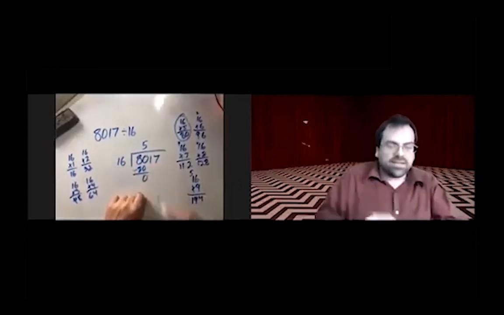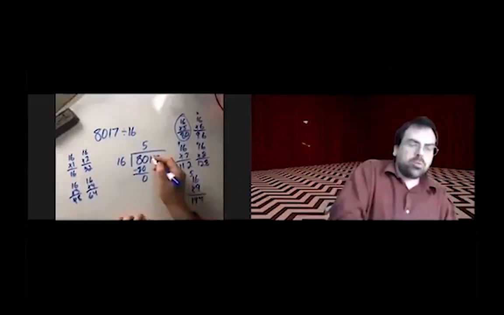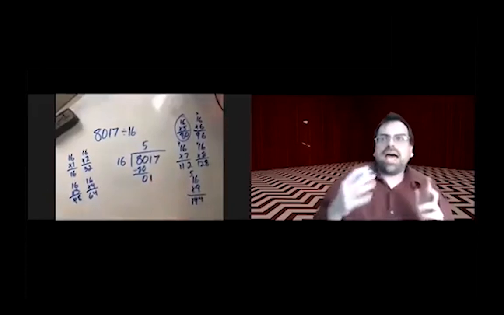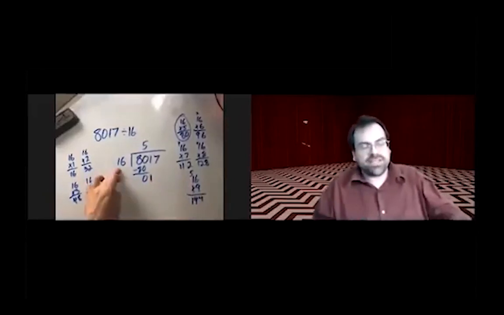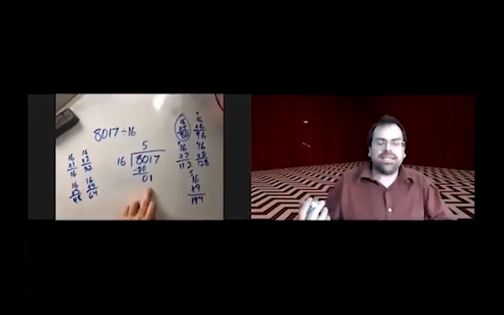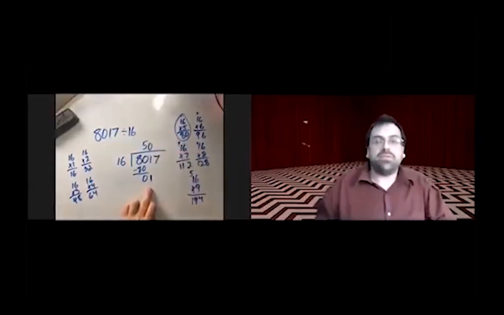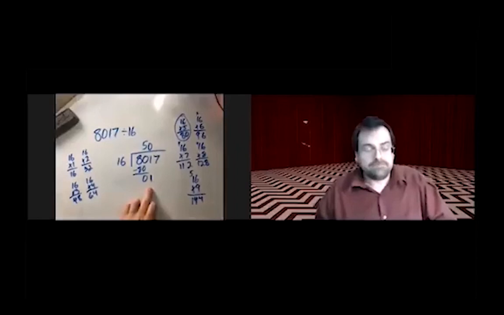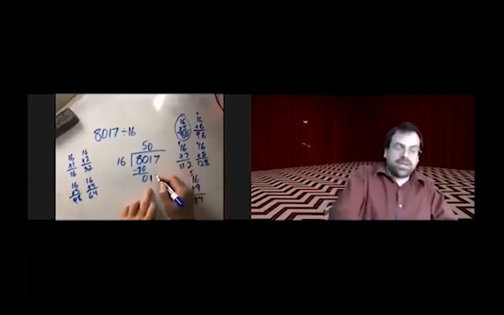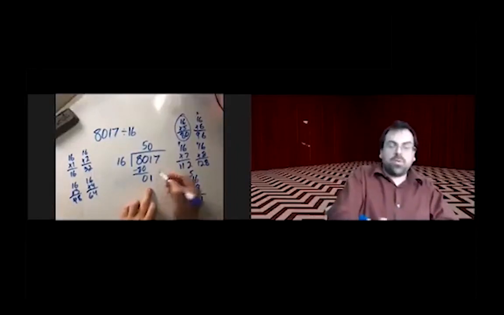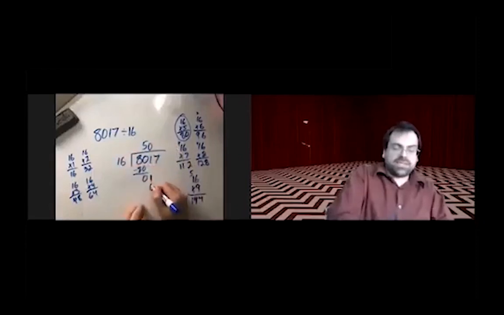So when we subtract, there's nothing left. Bring down the 1, we have to ask the question: 16 goes into 1 how many times? The answer is 0, so you have to put the 0 in. Bring down the next number. Why? Because 0 times 16 is 0.